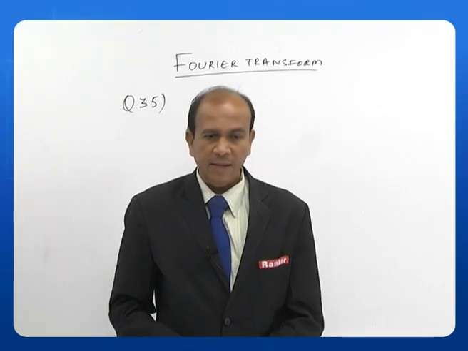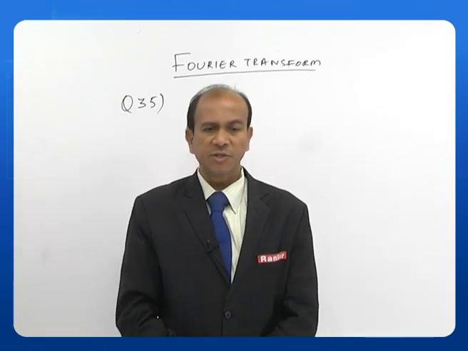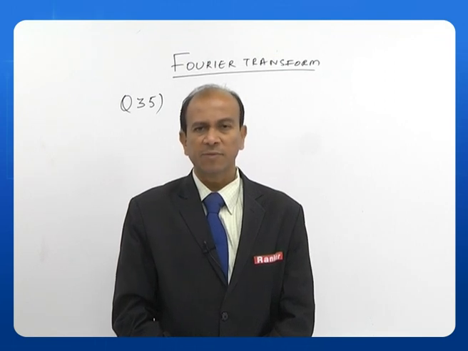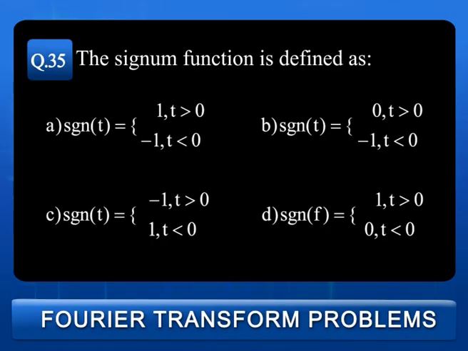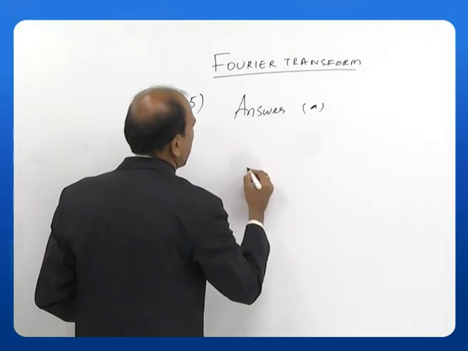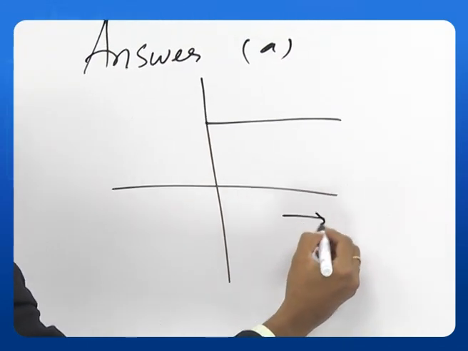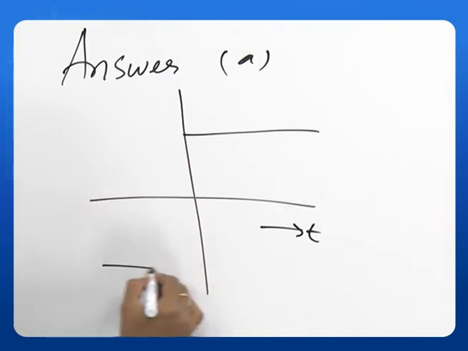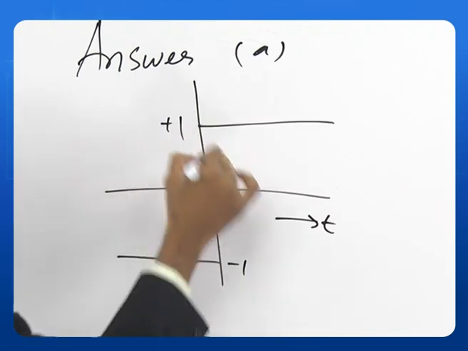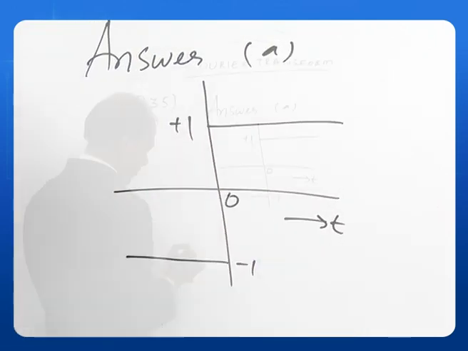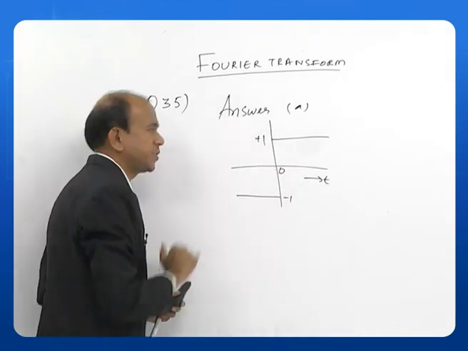The answer is A. The signum function is 1 for t greater than 0 and minus 1 for t less than 0. As you are all aware, the signum function exists like this. So this you should take into cognizance. This is a signum function.